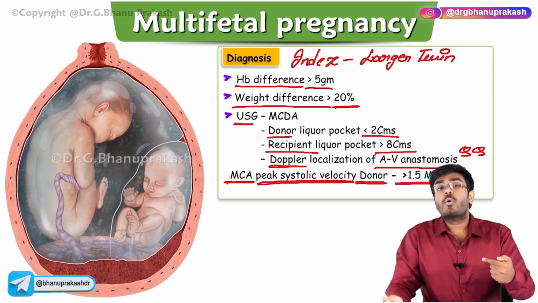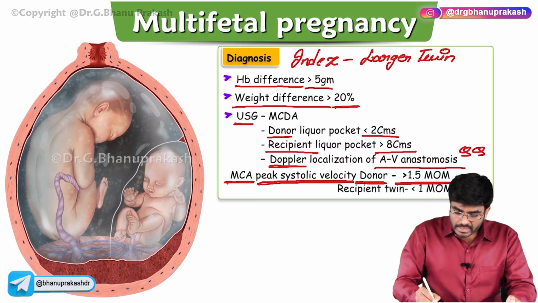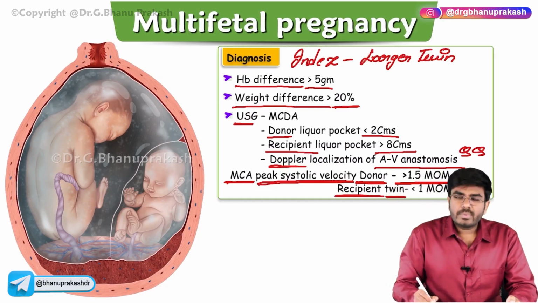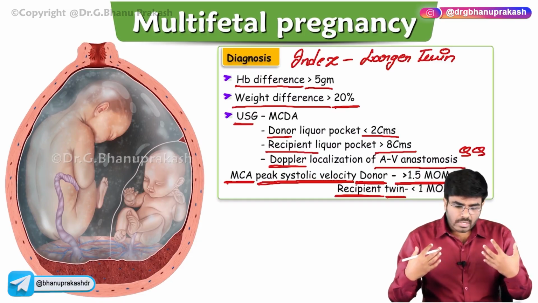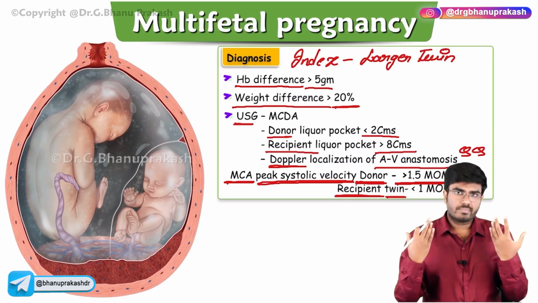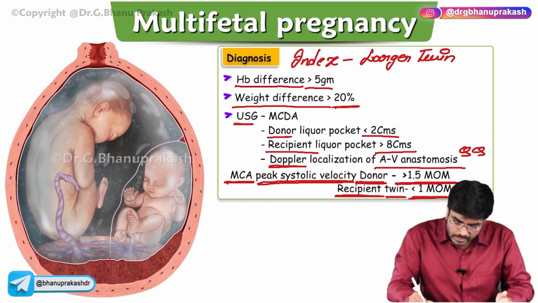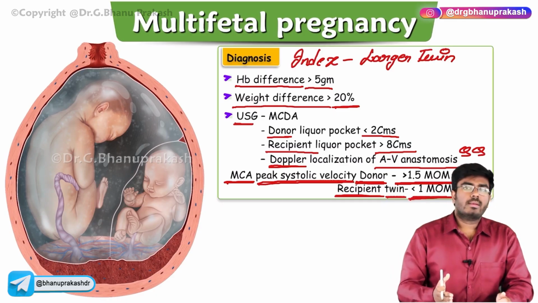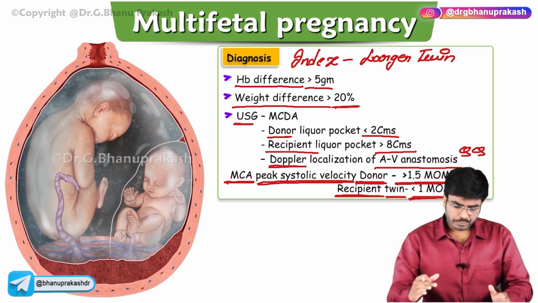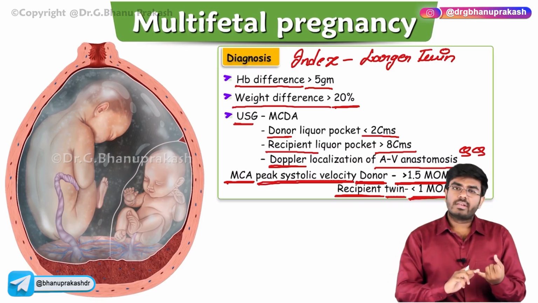And if you look at the recipient twin, it's already receiving lots of blood. Now it's not going to increase the blood supply to the cerebral vasculature, so the peak systolic velocity value will be less than 1 multiple of the median. These are all the things which can be used for diagnosis of twin transfusion syndrome.